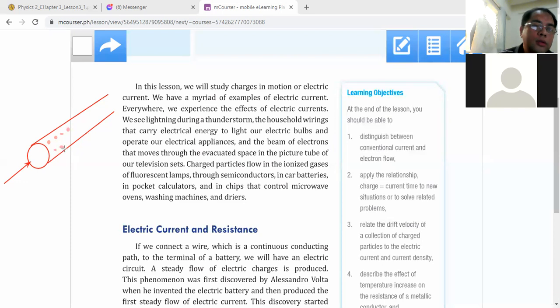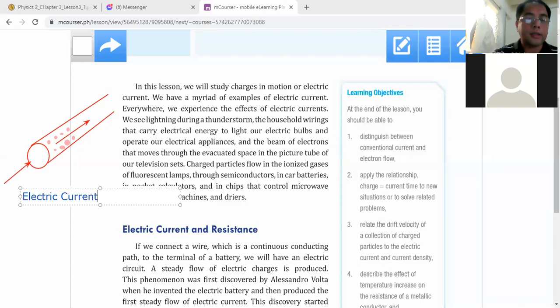Now when they start to move, that's the time that you will have a current already. So when this charge eventually starts to flow, a moving charge is called a current, or in other words, electric current.